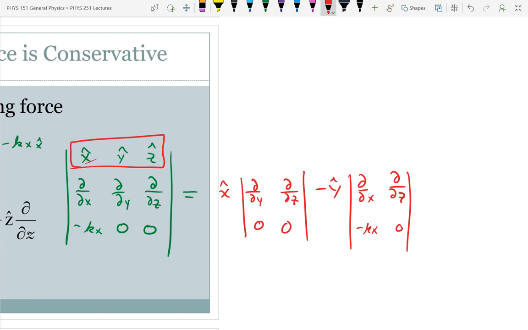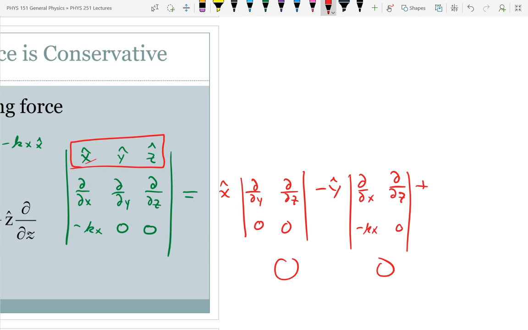And then d dz of minus kx. What's the derivative with respect to z of minus kx? Since it's a partial, z is the only thing that's not a constant, so minus kx will be considered a constant. And so the derivative of a constant is 0. So that was 0, 0.